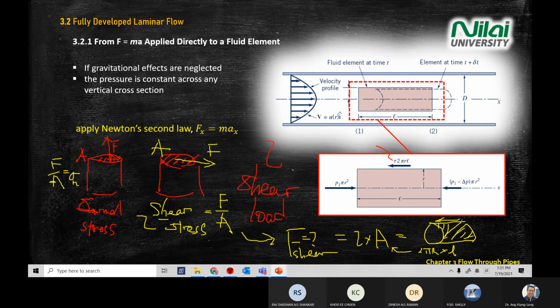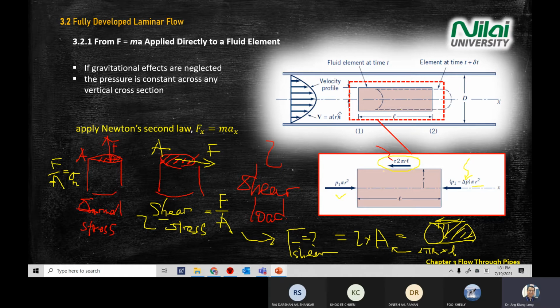Ask me a question if you don't understand what this is, or why there's suddenly a negative delta P, or why we need to times pi r square. This is a shear stress component that happens in the fluid because water usually has a shear behavior.